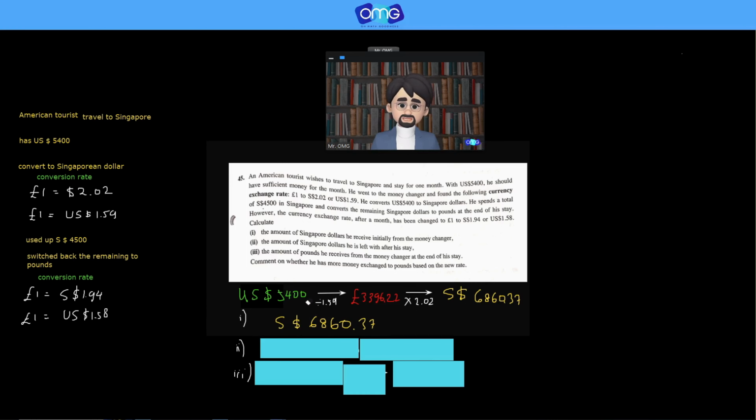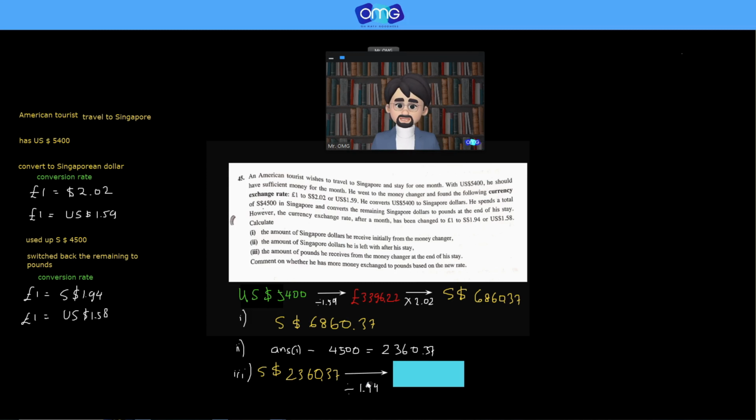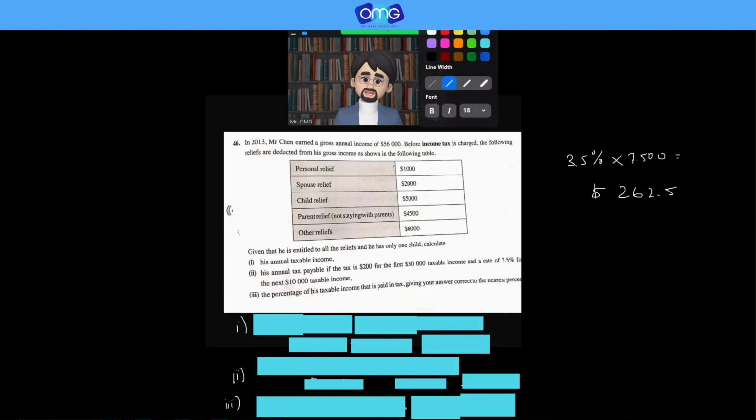So we have this much Sing dollars, and he used up 4,500, which is this much he has left, and then he converts back to pound sterling. So we divide by 1.94 since this is the conversion rate, and we get this much pound sterling, and that's the answer.